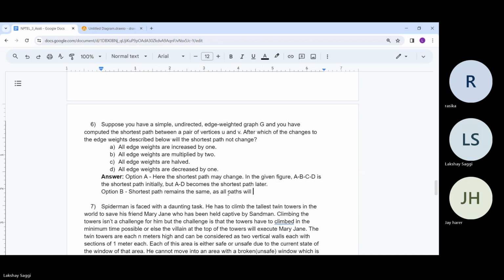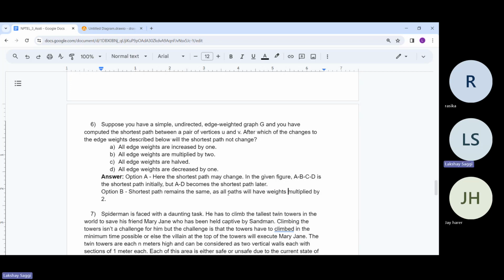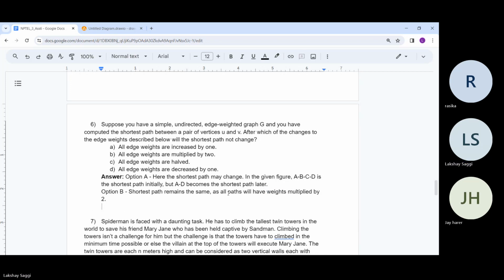as all paths will have their weights multiplied by 2. And so their minimum remains the same.